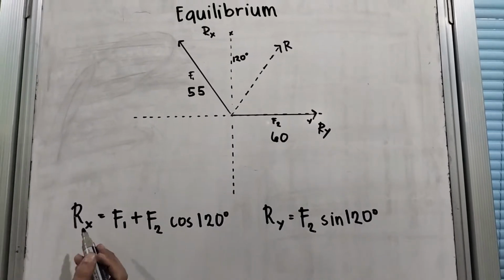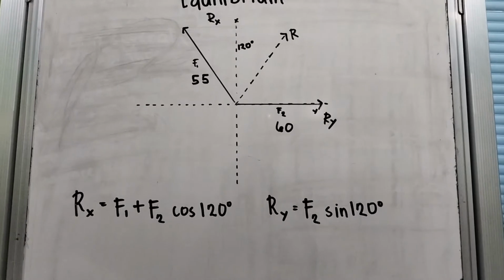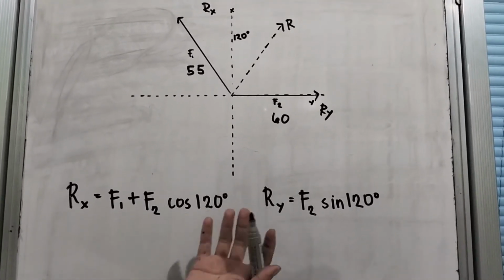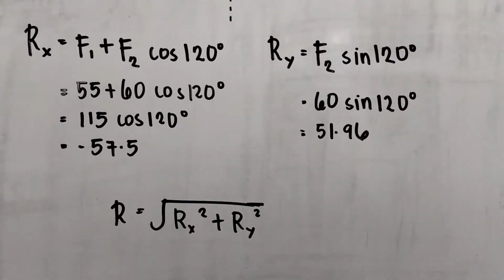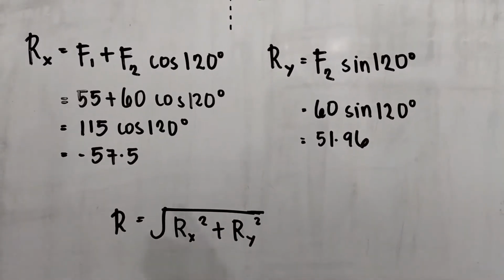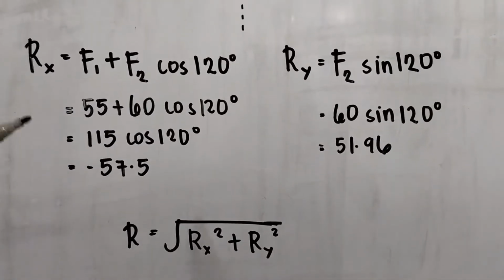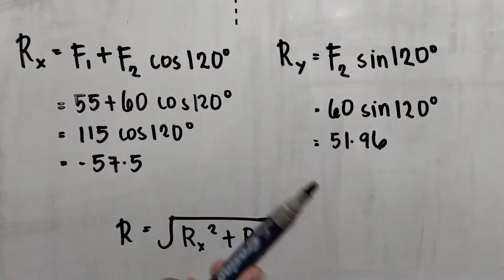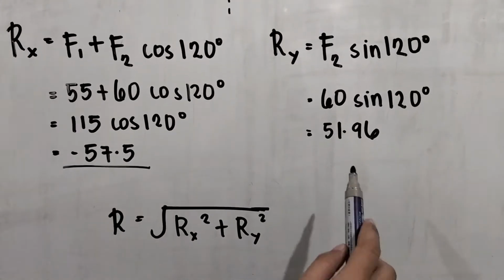In getting the Rx value, let's compute first the value of this using this formula. So with the use of these formulas, we got the value of Rx, which is 57.5, and the Ry is 51.96.